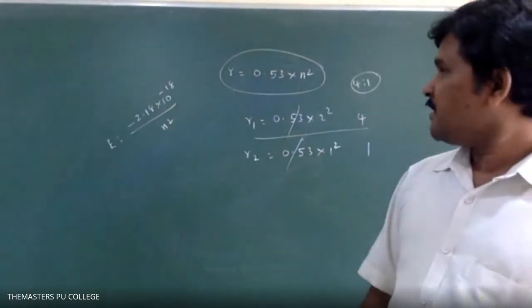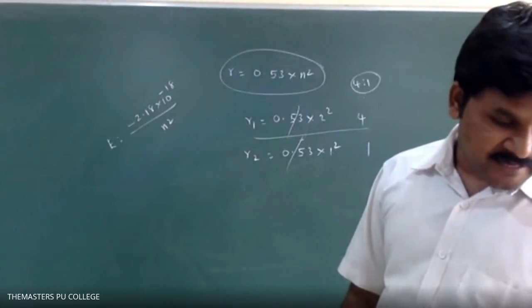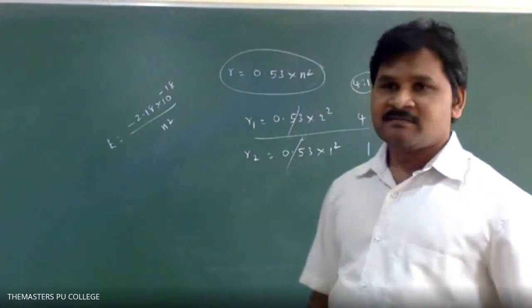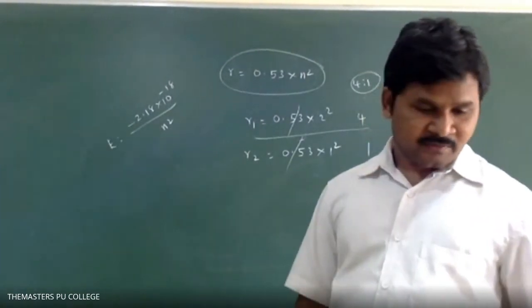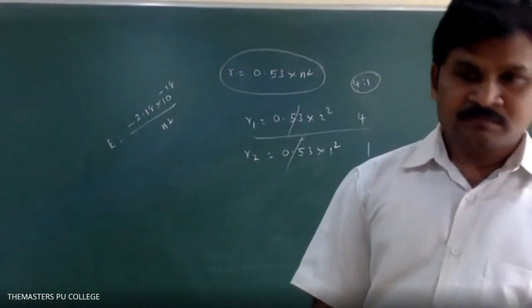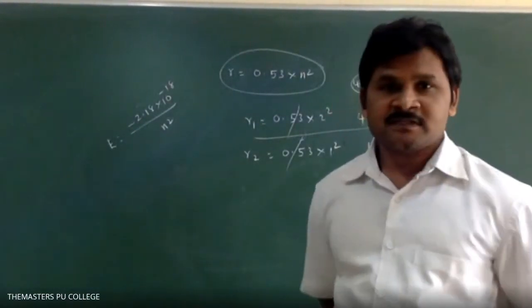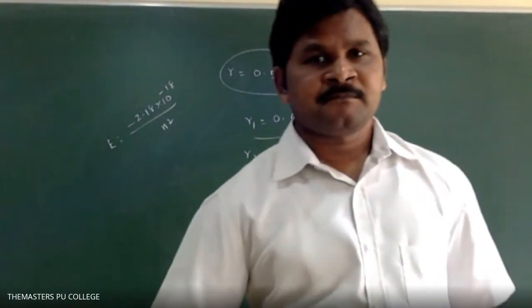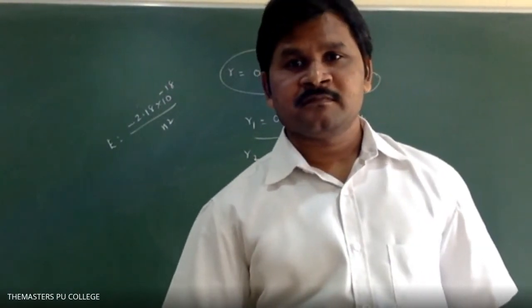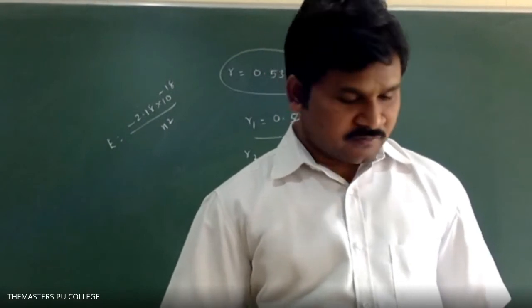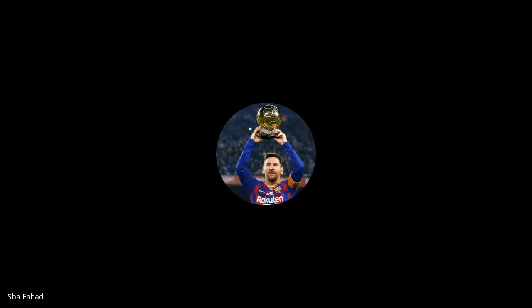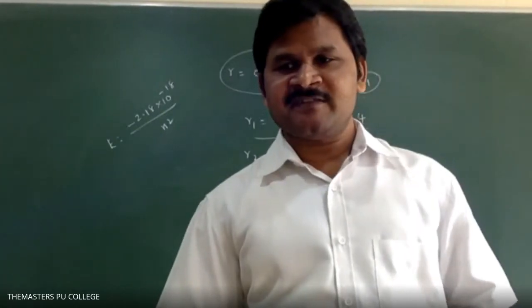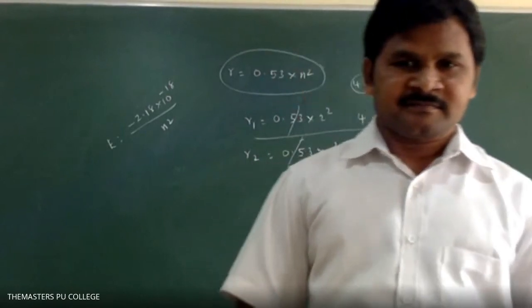So minus 2.18 into 10 to the power minus 18 divided by 4 gives minus 0.54 into 10 to the power minus 18, that is, minus 5.44 into 10 to the power of minus 19 joules. In scientific notation, it is the first option.